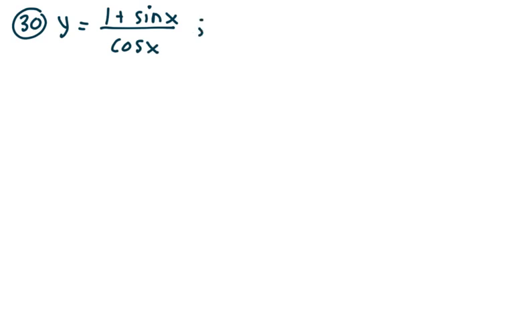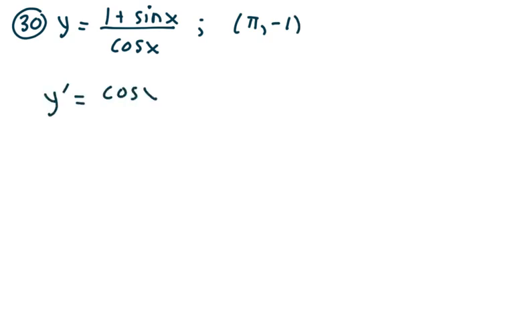And for the last one for this video, if we take a look at problem 30, suppose y equals (1 plus sine x) divided by cosine x. And the ordered pair here is (π, negative 1). For y prime, this is quotient rule.